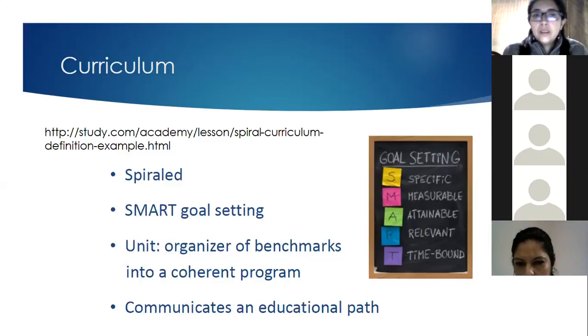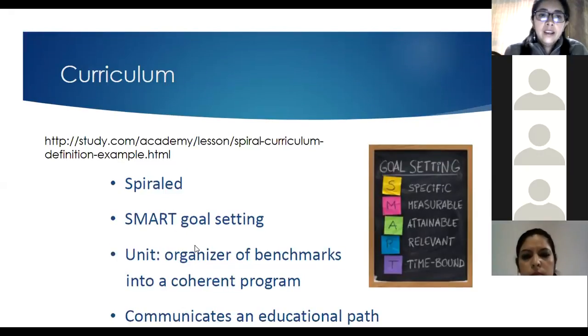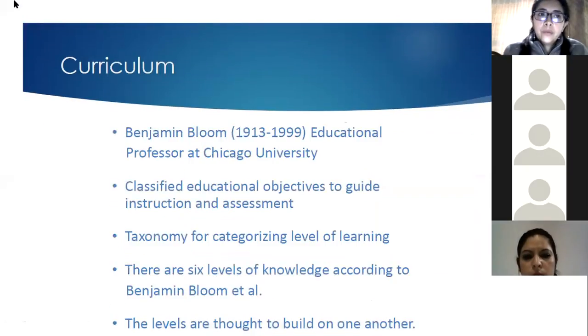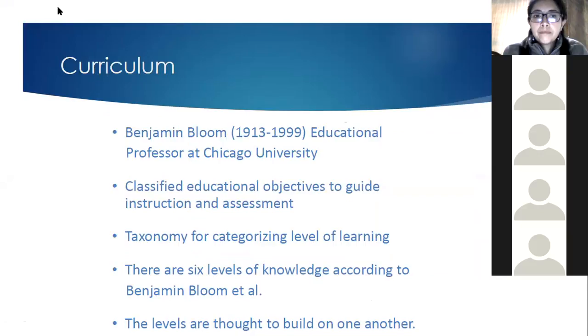Yeah. So these are the characteristics a curriculum should have. Okay. Something that is also really important is Benjamin Bloom's taxonomy. Benjamin Bloom was a professor at Chicago University, and he developed a taxonomy to develop different thinking skills.